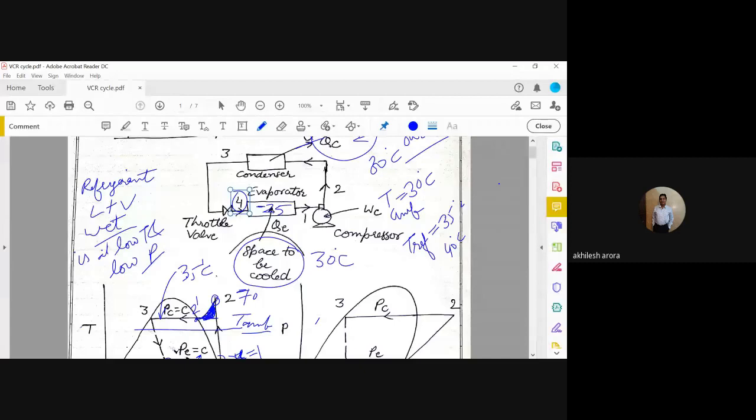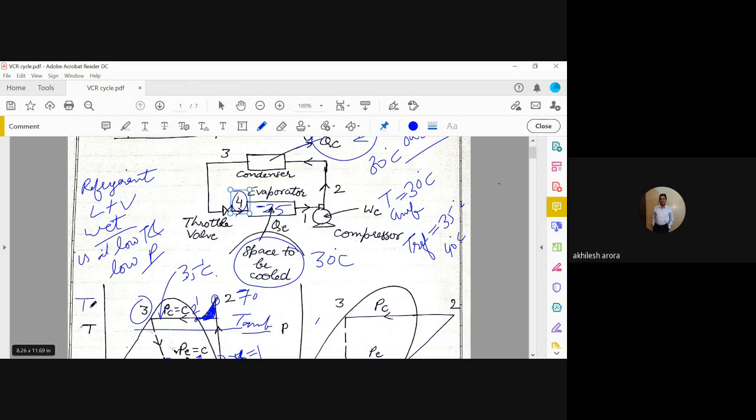From 2 to 2 dash, it is the sensible heat lost by the refrigerant. And from 2 dash to 3, it is the latent heat lost by the refrigerant. And at 3, the temperature and pressure are still high.